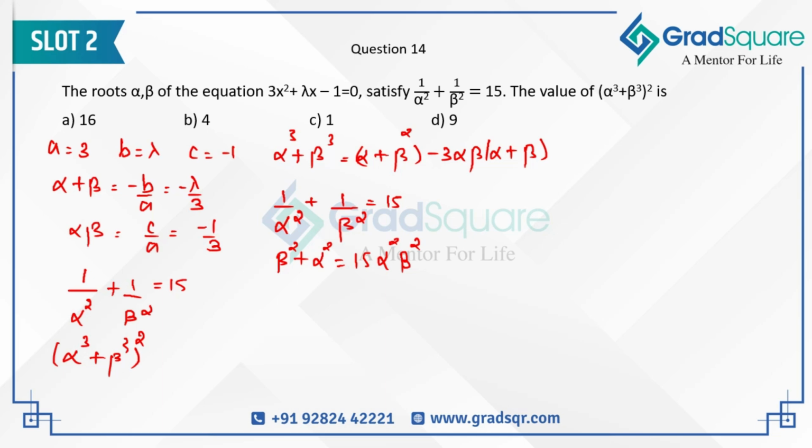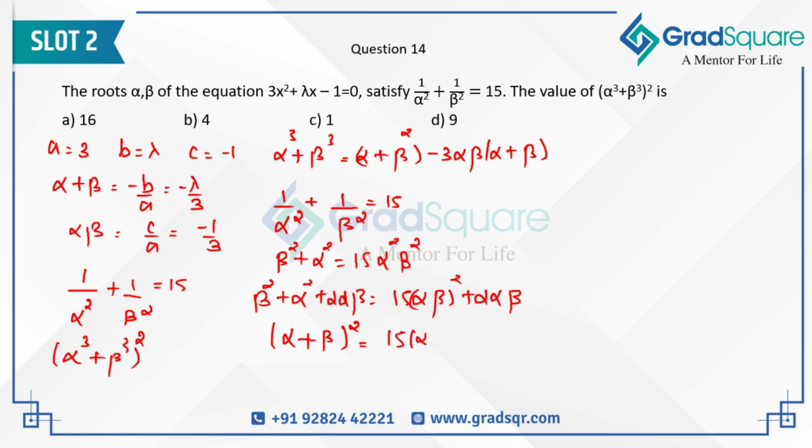I can add 2 alpha beta on either side so that I can modify this equation and write it as what? Alpha plus beta the whole square, because alpha plus beta value is to be found here, then only I can find the value of alpha cube plus beta cube. So this is going to be 15 into alpha beta the whole square plus 2 alpha beta. Now I know the value of alpha beta.